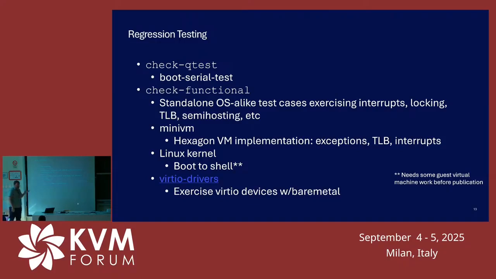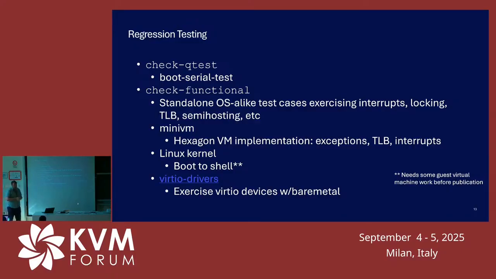So I mentioned the VM interface. We have an initial implementation of the VM, called mini VM, and it has a series of regression tests for it, and those are pretty good ways to exercise QEMU Hexagon. So those are ones that we've added as check functional as well.